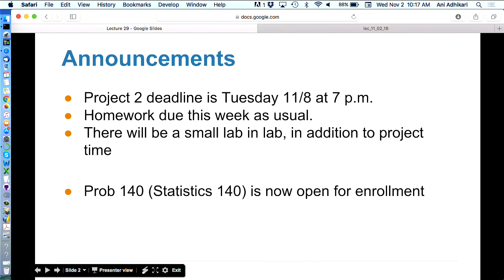It has Data 8 as a prereq. And it's not going to demand programming ability like DS100, which has CS61A as a prereq. So they're sort of off. All three of them are not on the same axis, and so you can take any combination, really.